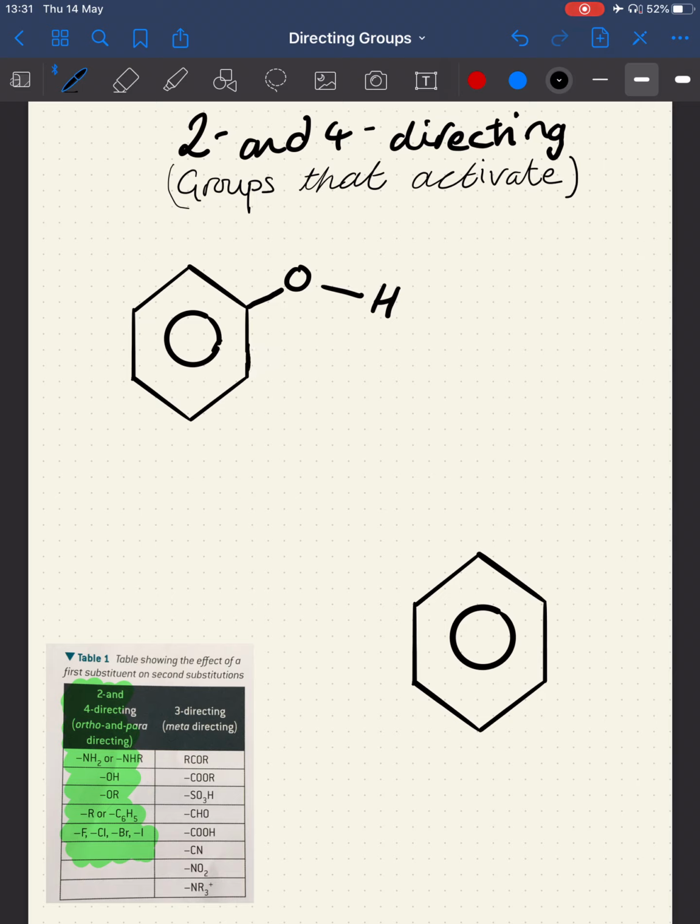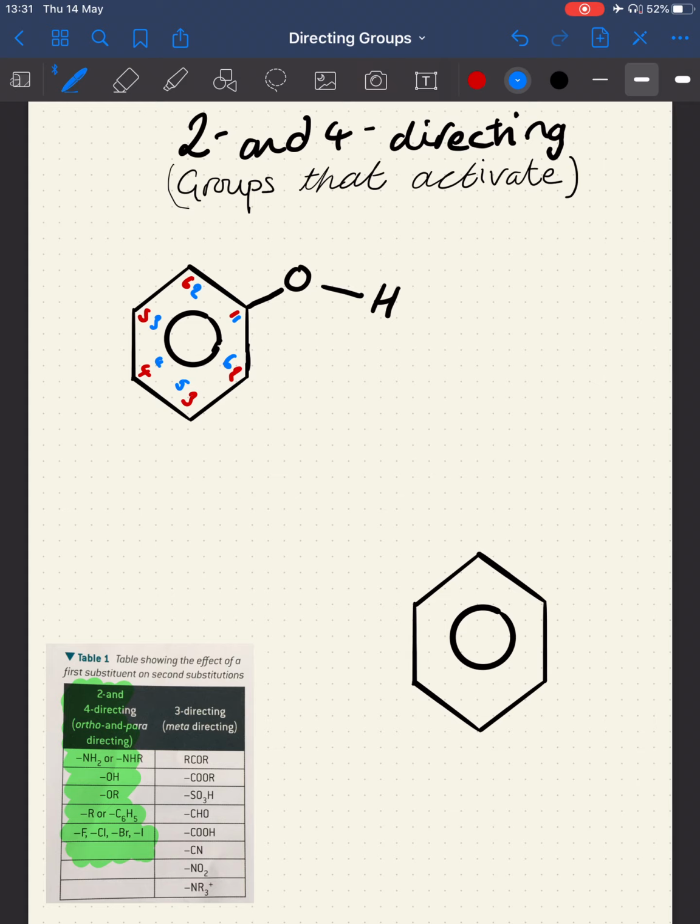Tidy up my diagram. So we're talking about 2,4 directing. Now, when we're doing 2,4 directing, we need to number it up so we know what we're talking about. So we've got carbons 1, 2, 3, 4, 5, and 6.